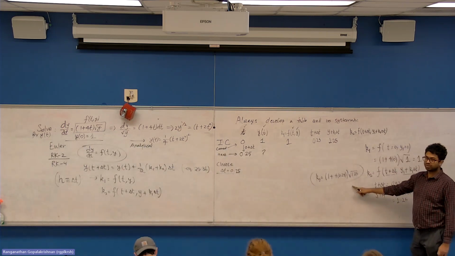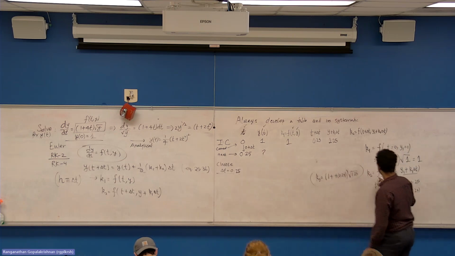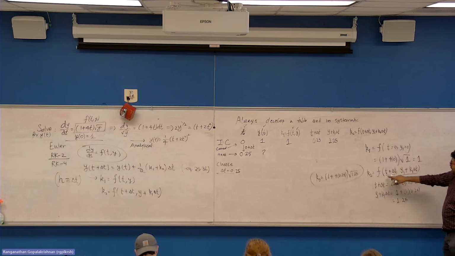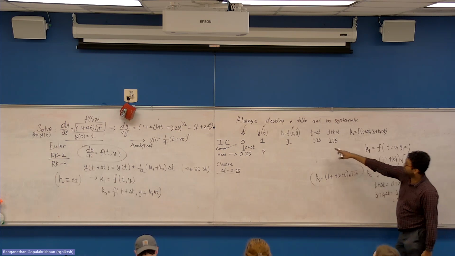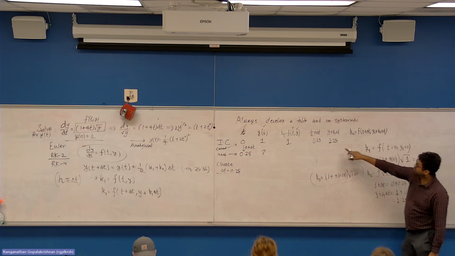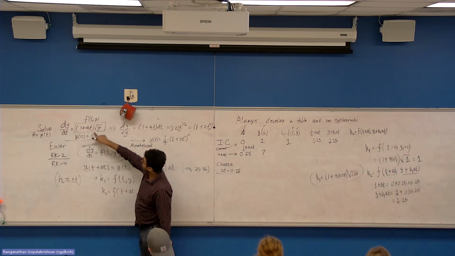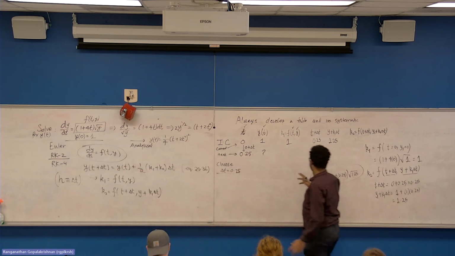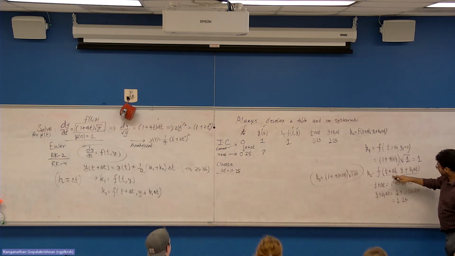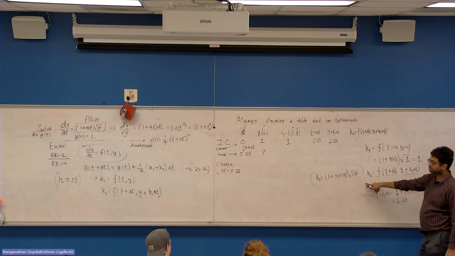The way I've computed this, what have I done here? My K2 is the function evaluated at t plus delta t, which is 0.25, and y plus k1 delta t, which is 1.25. And my original function is 1 plus 4t times square root of y. So wherever time appears, I have to use this value or 0.25, and wherever y appears, I have to use this value, which is 1.25. That's what I've done here.